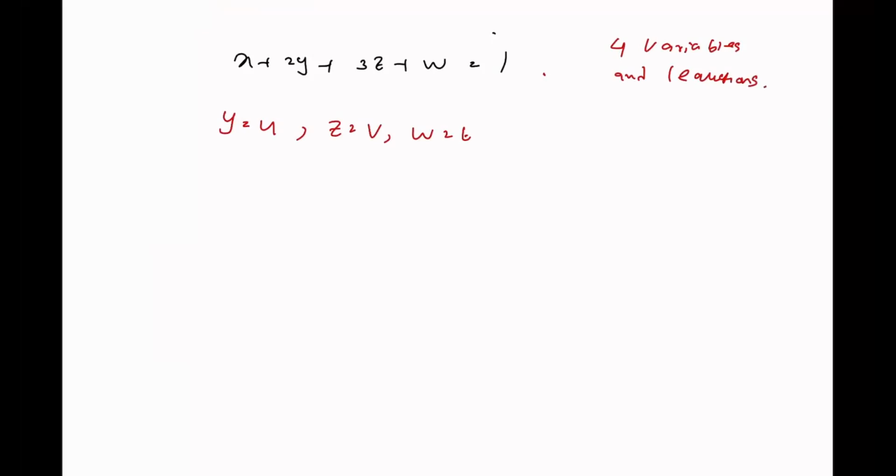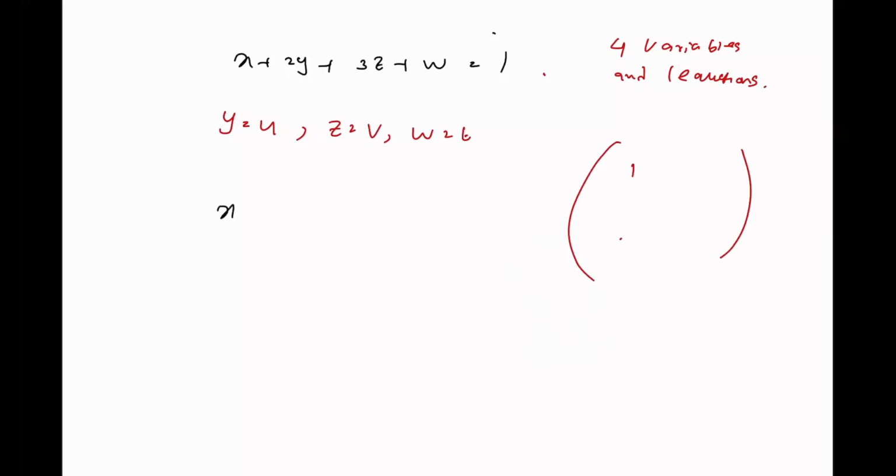Let's say you have some set of equations, let's say 4 equations with four variables. After performing Gaussian elimination, you are left with only one equation. Then you have to assign 3 parameters to your variables.